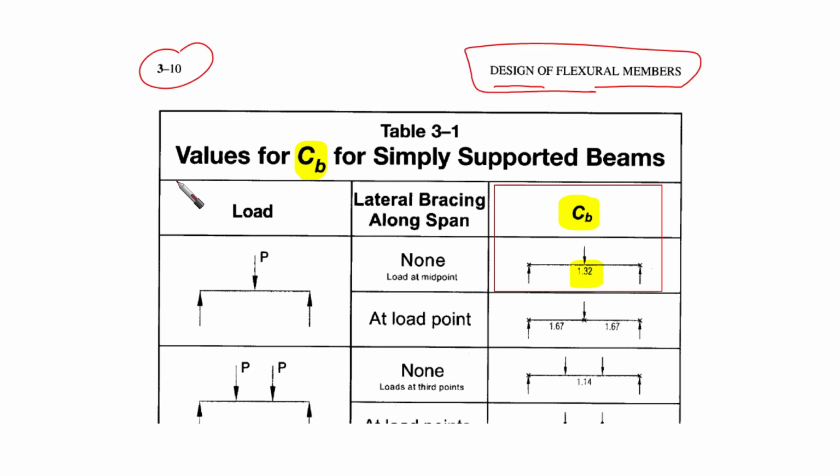We're going to find table 3-1, values for C_b for simply supported beams. This is our case. Concentrated load, with lateral bracing along the span, none. This is going to give us 1.3. So C_b is going to be 1.32.